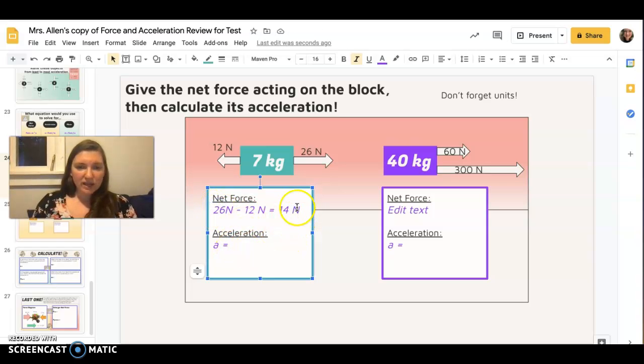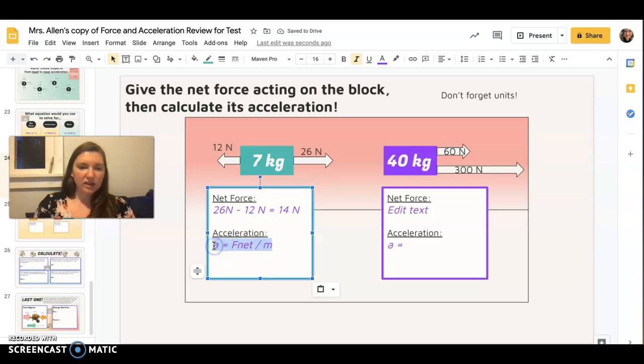And so if that is our net force, then the acceleration, we need our equation here again. I'll just do it by memory though. F net divided by mass.